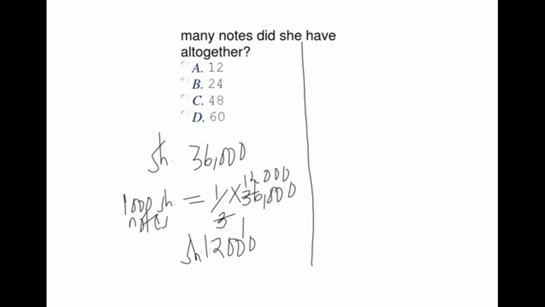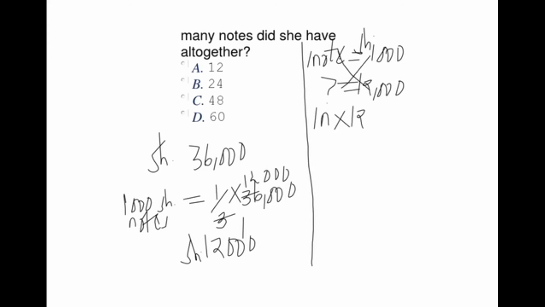So 1 note equals 1000 shillings. What about 12,000 shillings, how many notes will it be equivalent to? So we have 1 note times 12,000 divided by 1000. So these zeros cancel, so we remain with 12 notes.